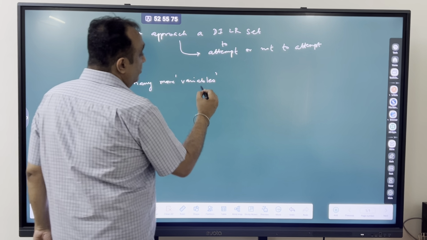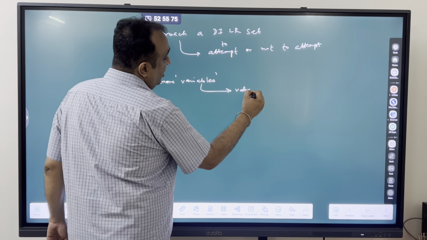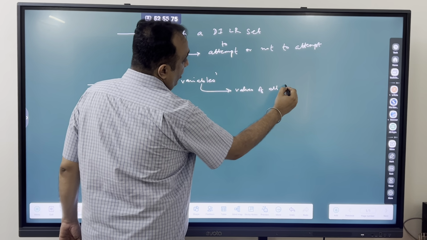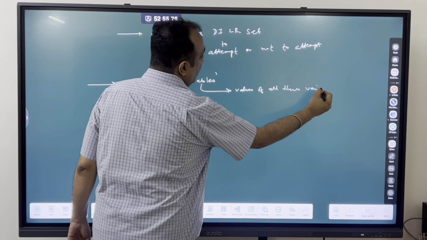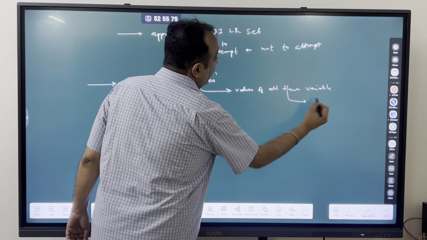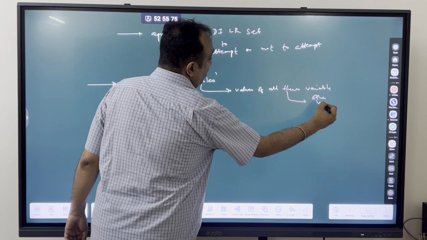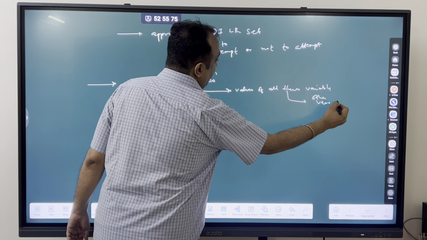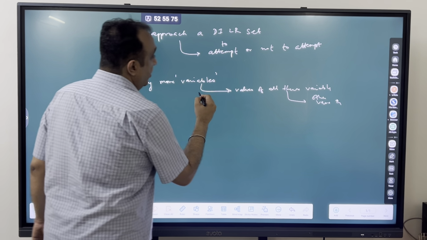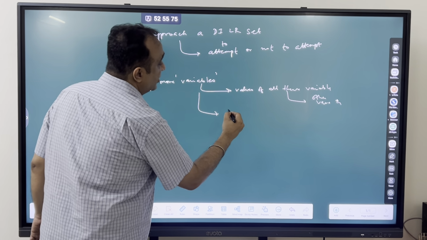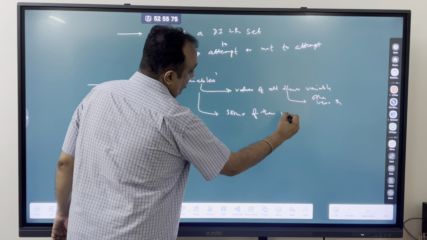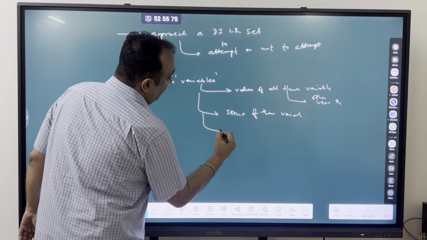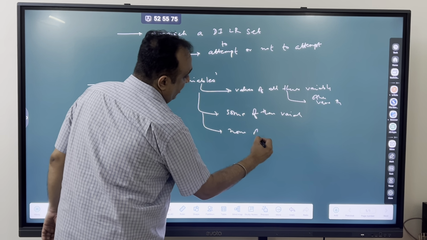When I say it has many more variables, we're talking about a large number of variables. We might be in a situation where we know the values of all these variables and we just need to calculate other values based on them, or we may know the value of some of these variables, and maybe in an extreme scenario none of these variables.